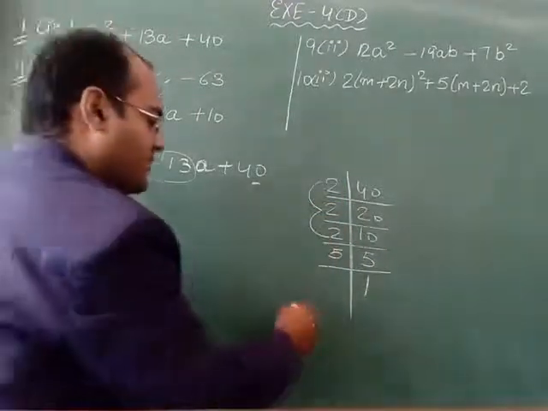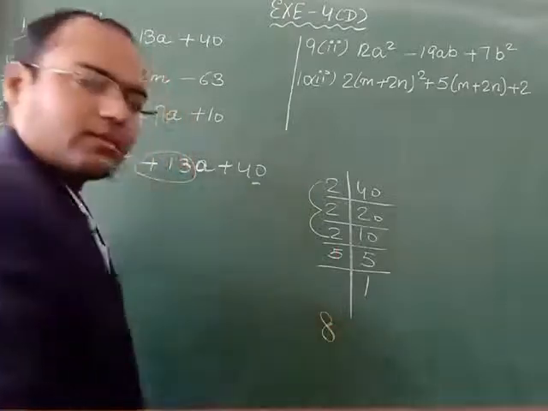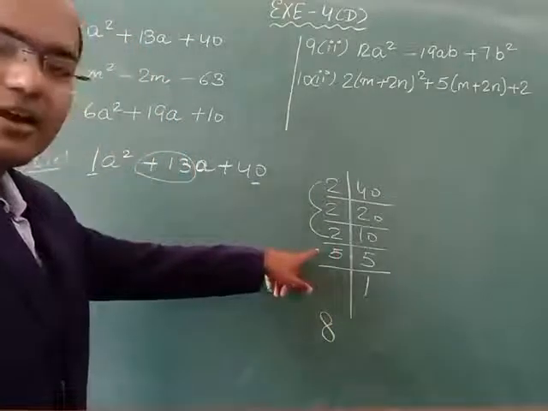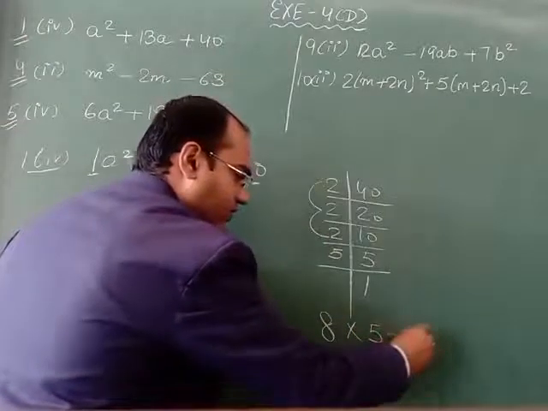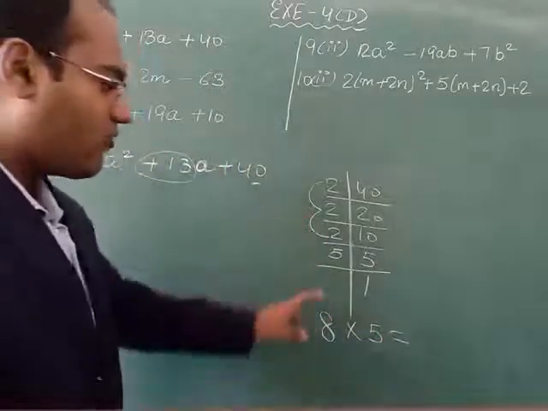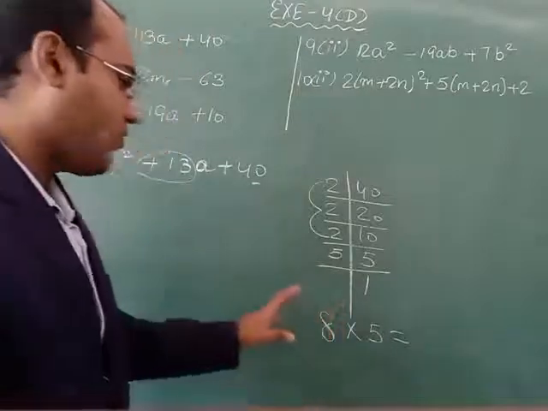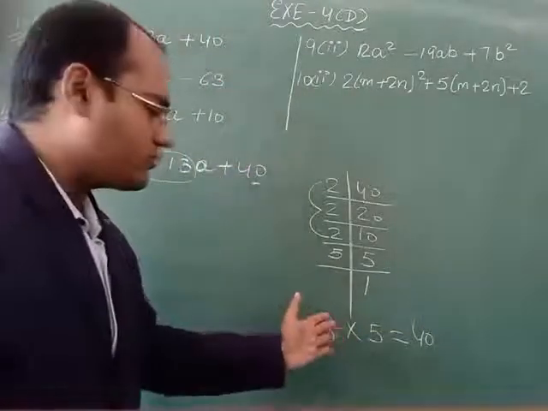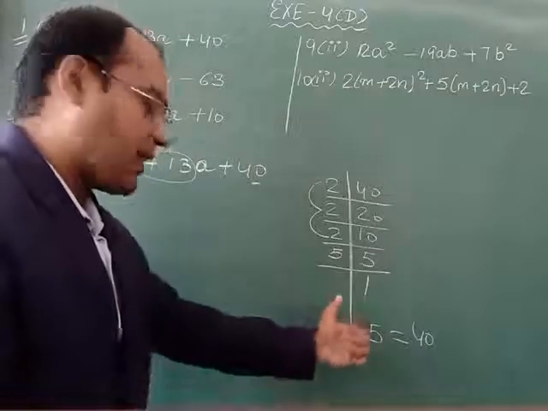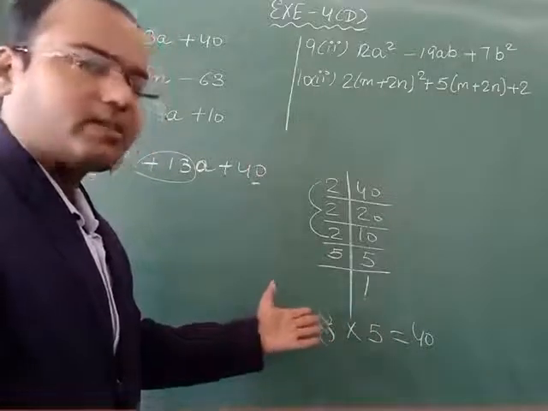So the first number we will take is 8, and the remaining number is 5. So 8 multiply 5, the product of 8 and 5 is 40. And when we find the sum of 8 and 5, the answer will be 13.